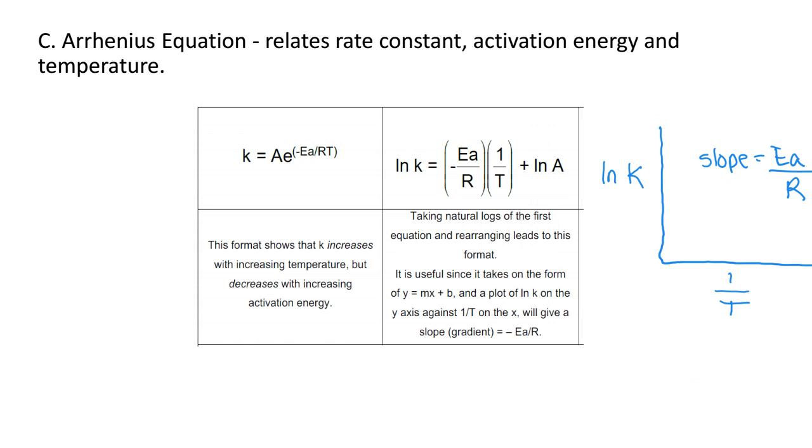Okay, in this next section, this equation is actually not one that you ever need to do any calculation with, but you need to just be familiar with it if you see it. They'll give it to you and you just need to know what everything represents. So EA represents our activation energy, T is temperature, R is a constant, A and e are constants, and k is our rate constant.